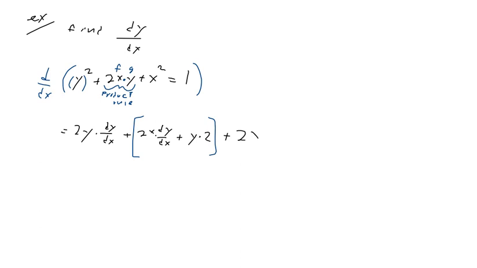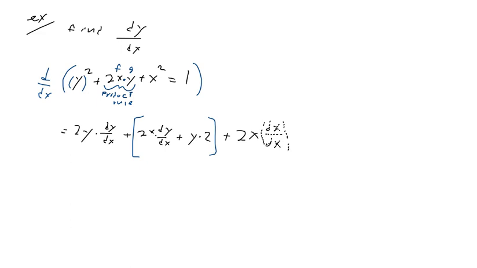I'm not going to bother to write the dy/dx here. You can imagine there's a dx over dx here, but I'm not going to be writing this all the time.